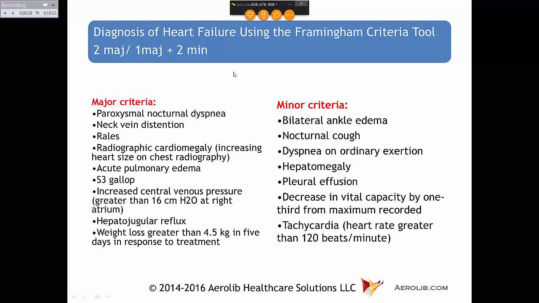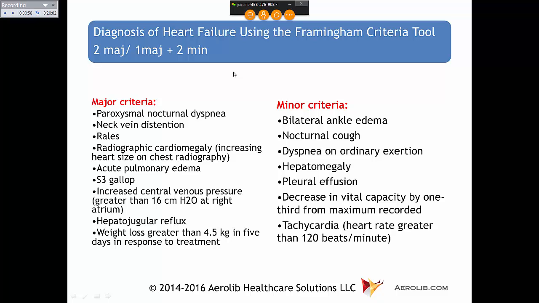Neck vein exam and rales need to be present or at least documented in your examination. X-ray findings of whether cardiomegaly or pulmonary edema need to be put in. Diagnosis of acute pulmonary edema when you are auscultating the patient, presence or absence of an S3 gallop. CVP in case you're putting lines in, hepatojugular reflex in another examination maneuver, and then historical weight loss greater than 4.5 kgs in the last 5 days.